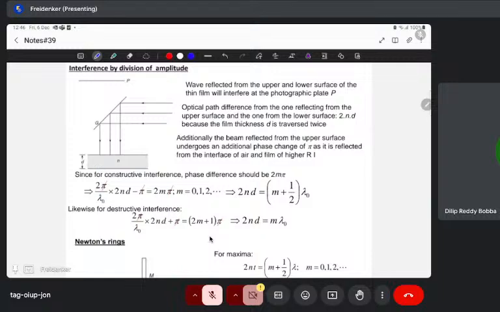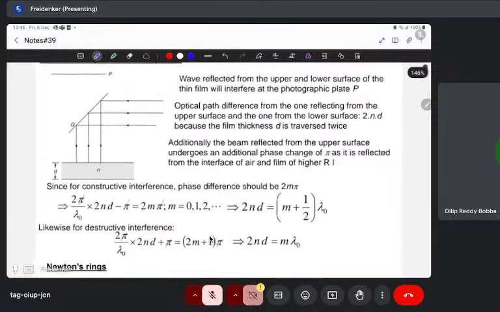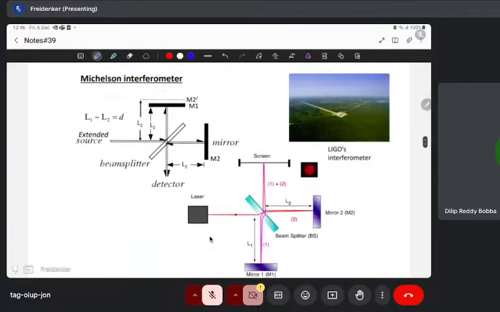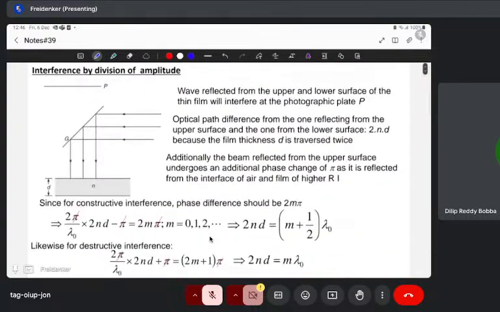Thickness of this thin film is D, right? Let me make my own picture. If it's almost normal, fine. Let's say some incident ray is there, it gets reflected, and some of it gets transmitted, right? Now, what is the path difference?